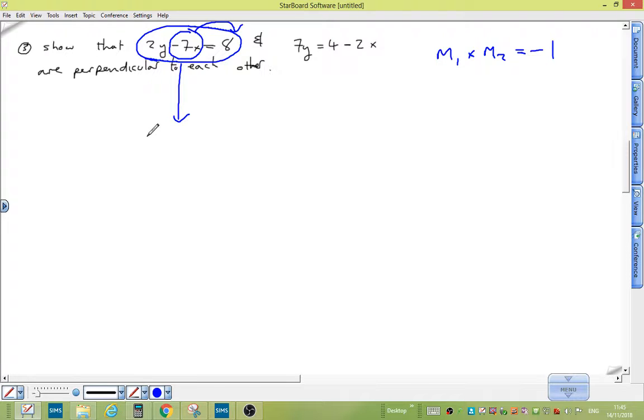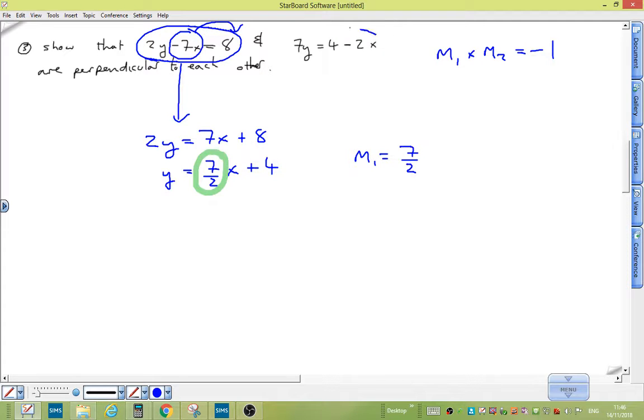Straight away I get 2y equals 7x plus 8, and then I divide through by 2 to give y equals 7 divided by 2 x plus 8 divided by 2 is 4. The only thing I need to worry about is the gradient, which is how many x's you've got. So I'm going to call M1 7 over 2. You can use a decimal, I don't mind, but I'm just going to leave it as a fraction.